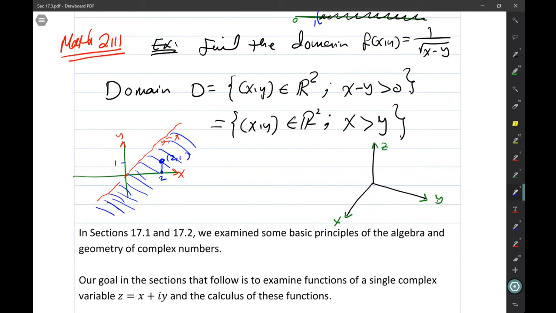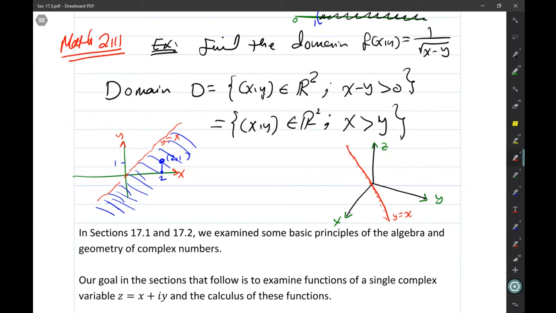Which is on the right hand side of the line y is equal x. Now, to sketch the line y equals x, this is the line y is equal x.